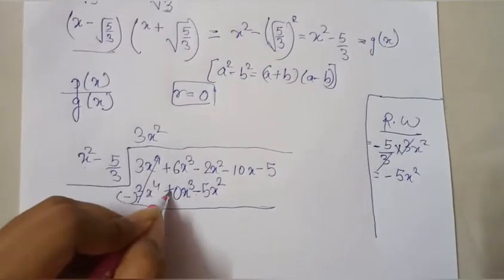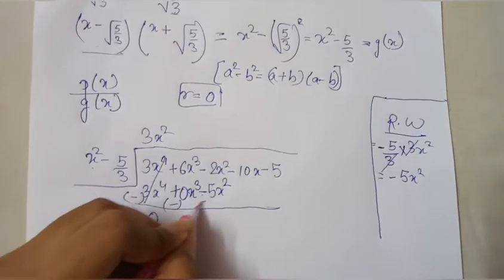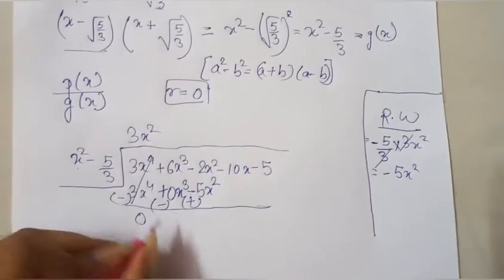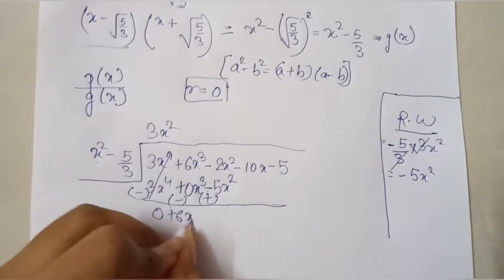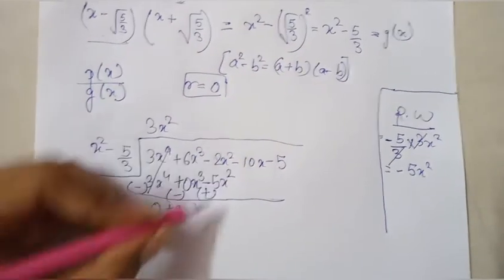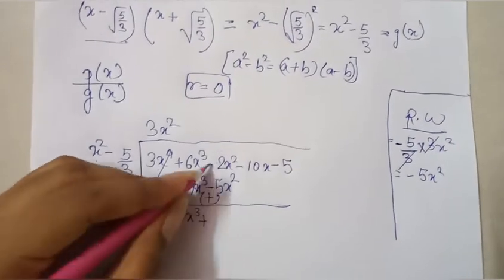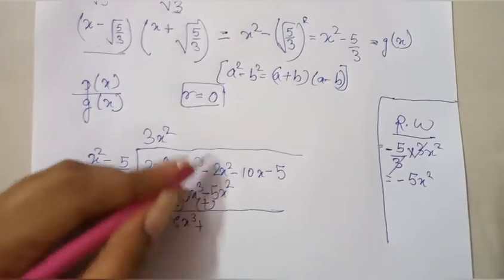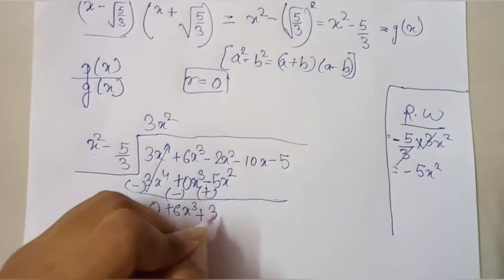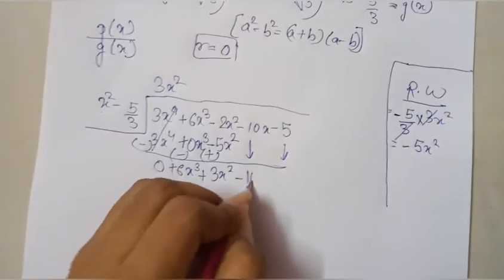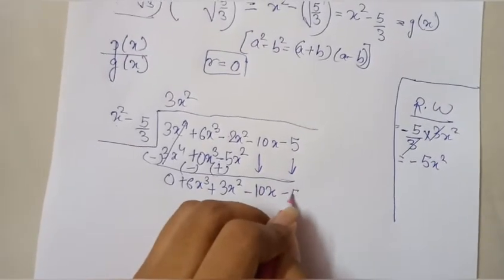We'll change the sign. Positive will become negative and negative will become positive. So 6 minus 0 will be again 6x cube, and minus 2x square plus 5x square. The sign will be of the bigger number, that is plus, and minus plus is minus. So 5 minus 2 is 3x square. We'll take both the terms down: minus 10x and minus 5.